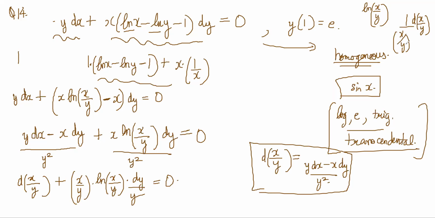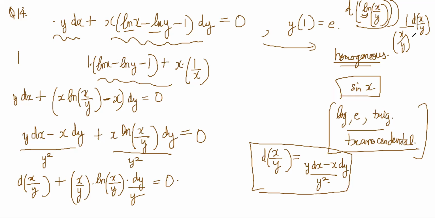This should be the differentiation, no? 1 by x by y into d of x by y. No, I'm doing total differentiation. D of this is equal to, first I will differentiate the ln part and then I will differentiate the x by y, right?